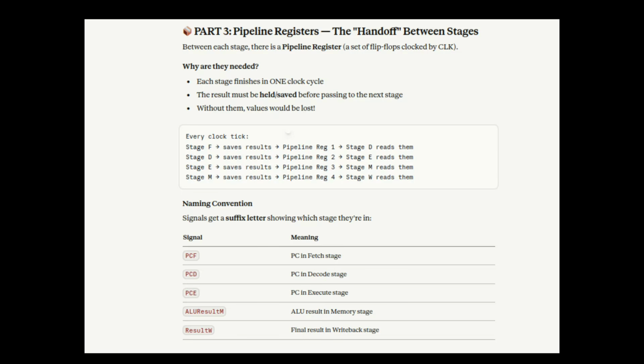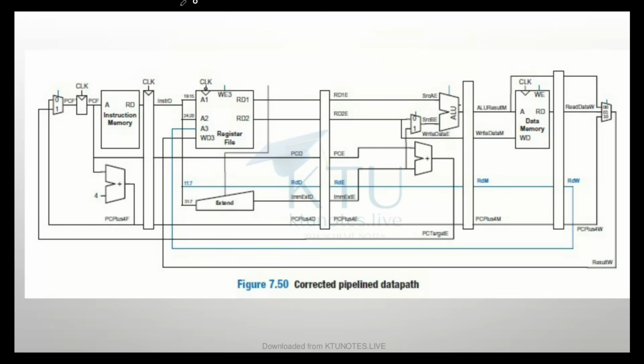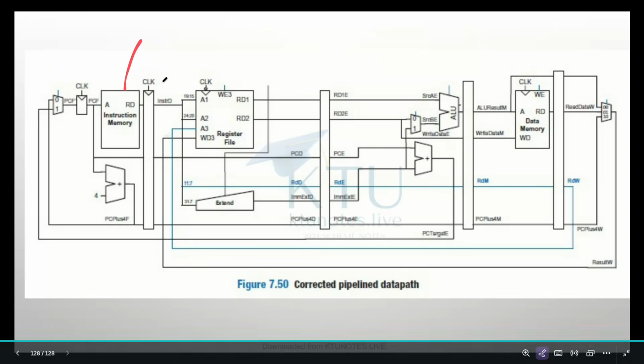You have to understand that there are some pipeline registers. Between each stage there is a pipeline register present here. If you see this diagram, these are the different stages. This is the first stage, the fetching stage, then the decoding stage, executing stage, memory stage, and write stage.